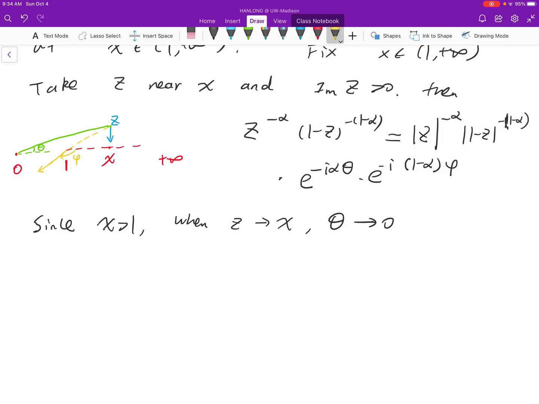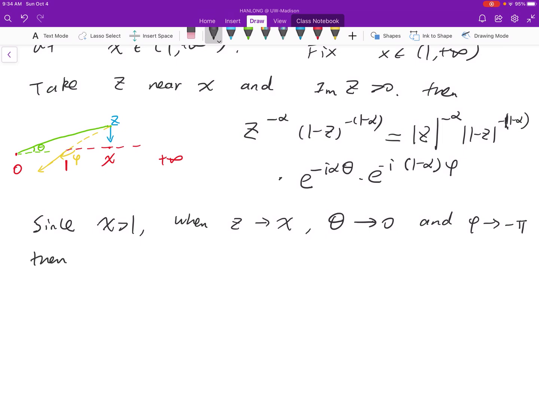This is your phi. When z goes to x, the phi goes to negative pi. This is a little bit tricky part. You need to be able to derive the limit.